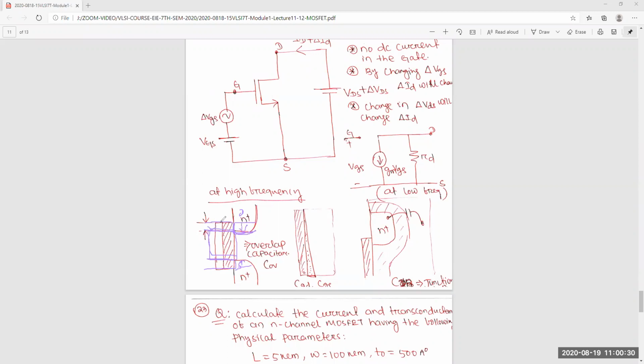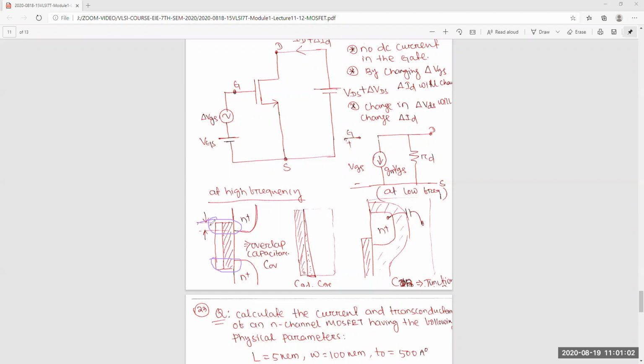This is your polysilicon or metal, this is your N plus region, and there is an oxide. So in this region there will be a capacitance, here also. This is one capacitor, this is another capacitor. Generally this is called overlap capacitance.